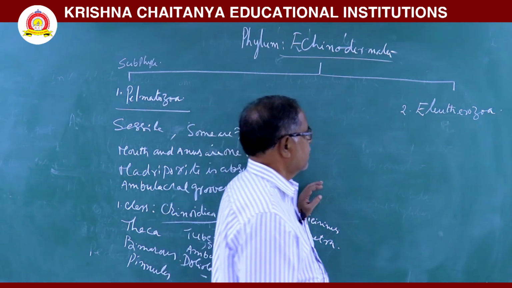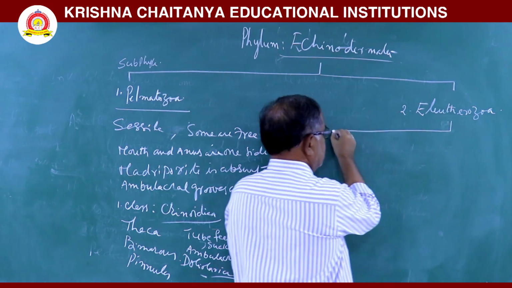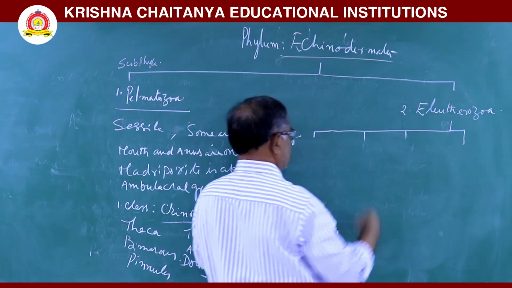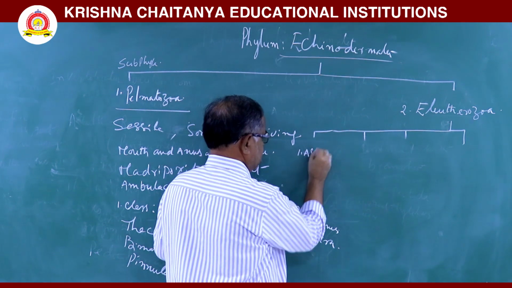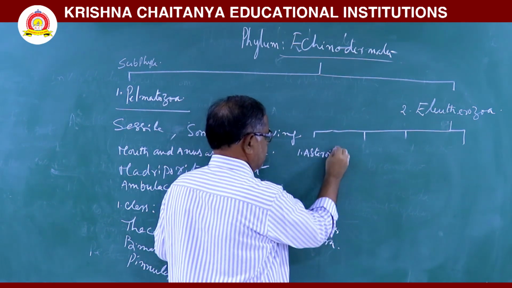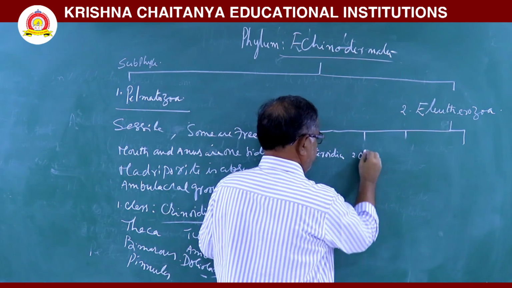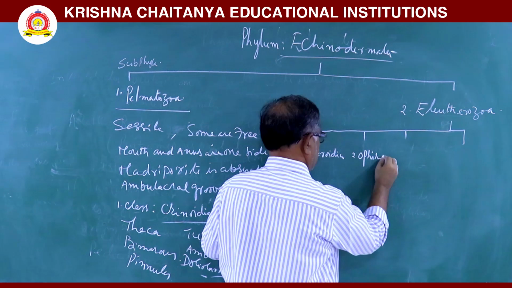Next, this subphylum Eleutherozoa is further classified into 4 classes. One is Asteroidea. Second is Ophiuroidea.